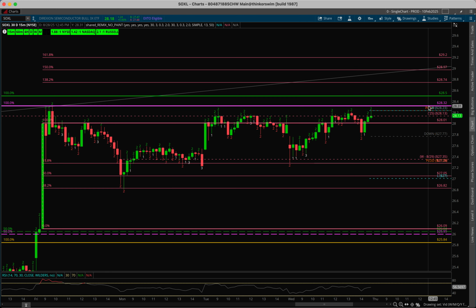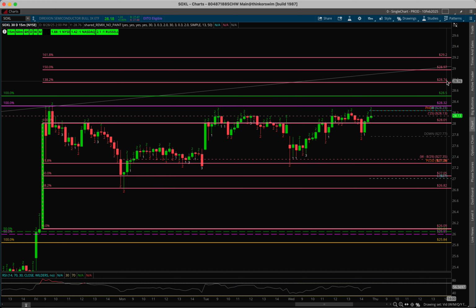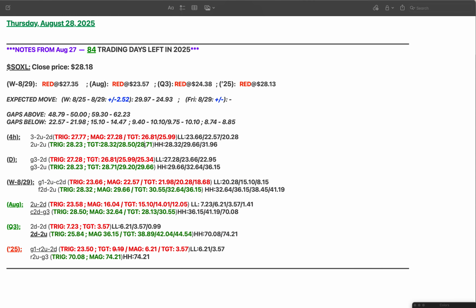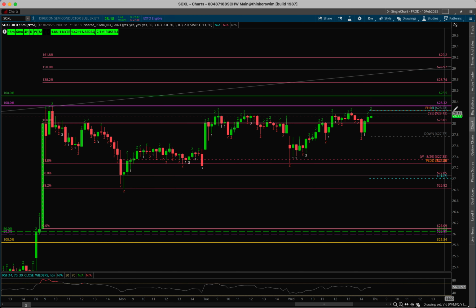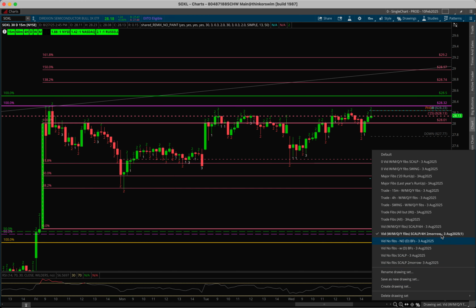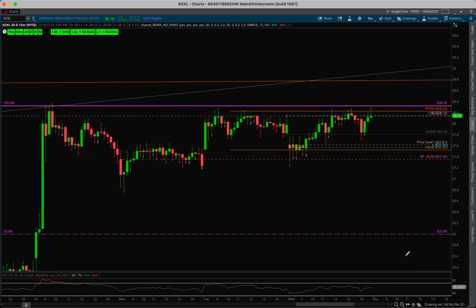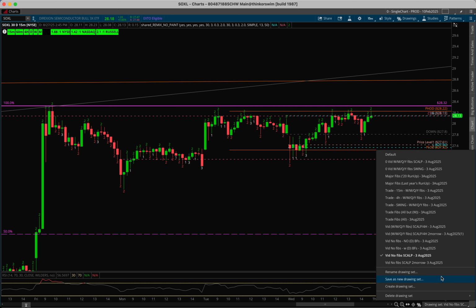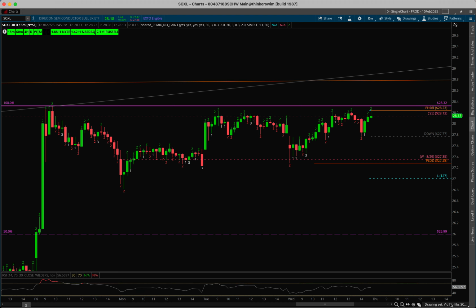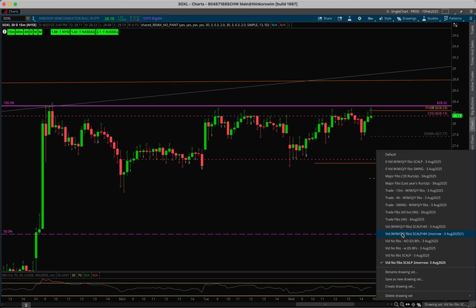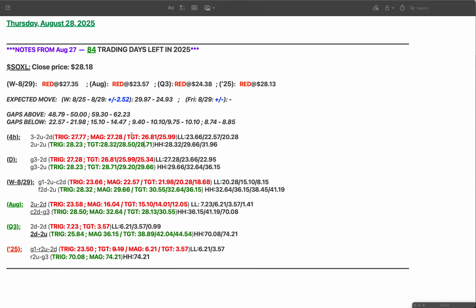So our first target is 28.32, second target is 28.50, third target is going to be this 28.74. Why do we have 28.71? I must have just mistyped. Yeah, 28.74 is going to be our target. That's our Fibonacci extension.